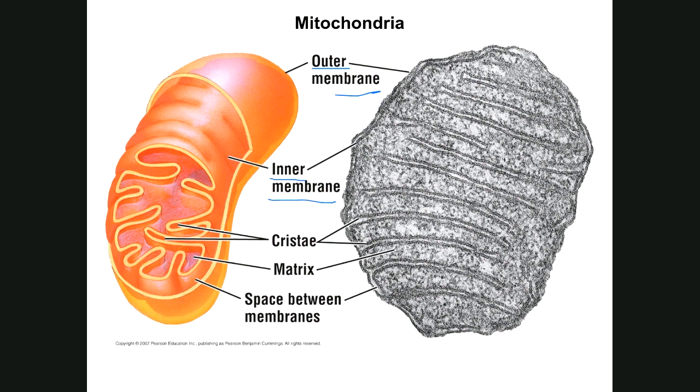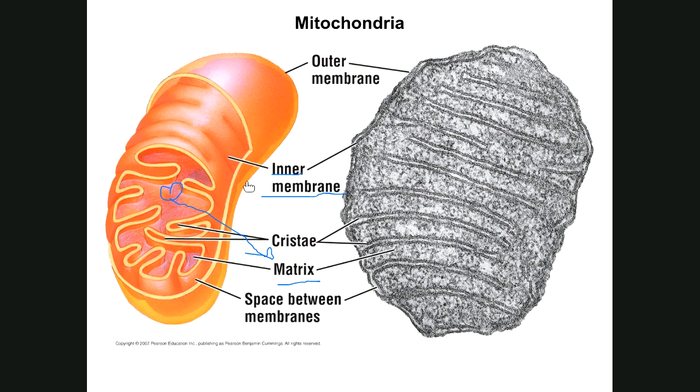What they're not showing you here is that these two membranes are actually separated by a space from each other. Now, if you cut the inner membrane open, you find an area inside called the matrix. So the matrix is the area inside of the inner membrane.